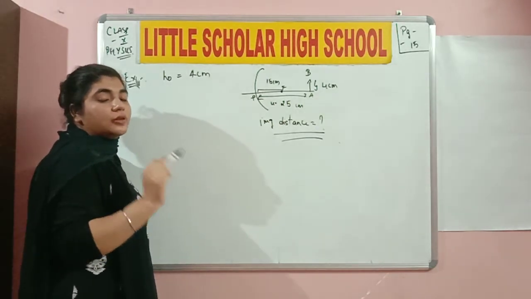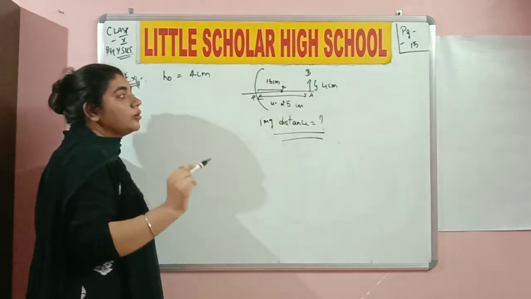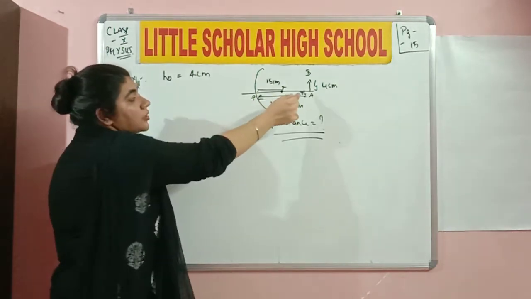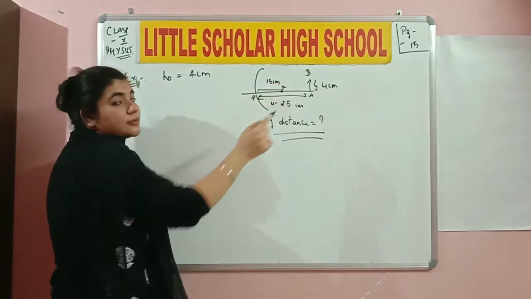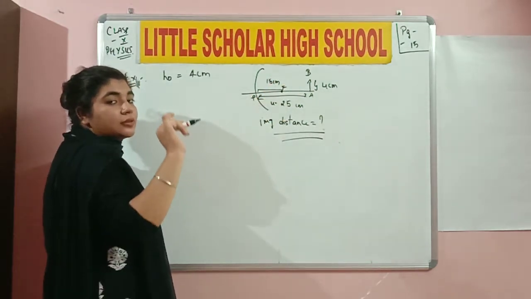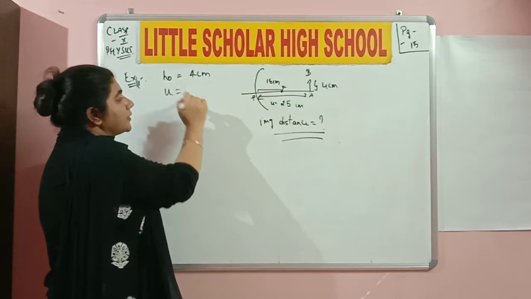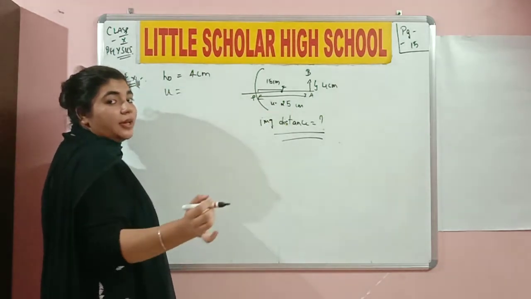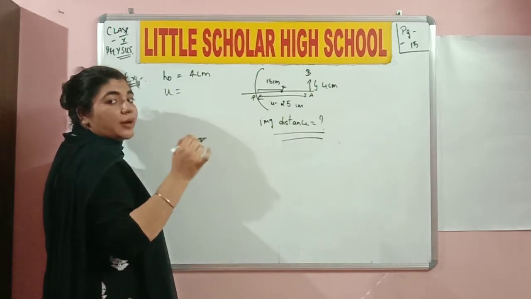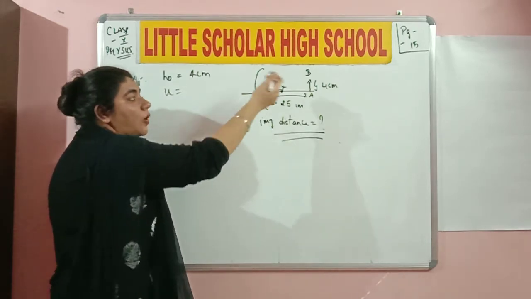Am I going to consider it as negative? I am not going to consider it as negative because it is upright and it is above the principal axis. Anything above the principal axis for heights, we consider positive. Now look at the object distance. Object distance is given as 25 centimeters. They placed an object at 25 centimeters in front of the concave mirror.